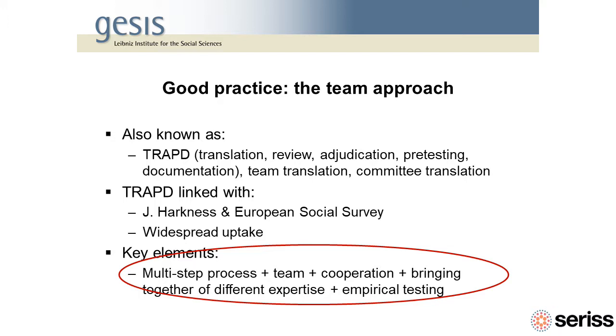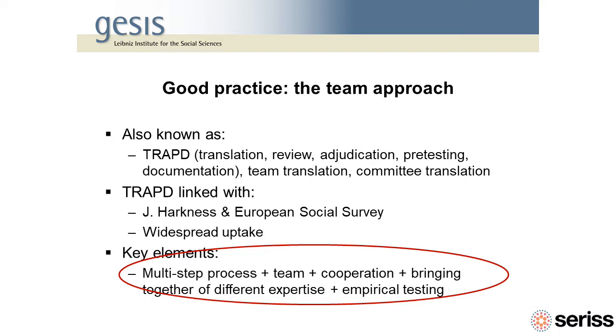TRAPD was the model that has been used in the European Social Survey since 2002 for translating comparable questionnaires. It is widely taken up in the cross-cultural research community in exactly the same form as Janet Harkness and colleagues described it, or in modified forms.